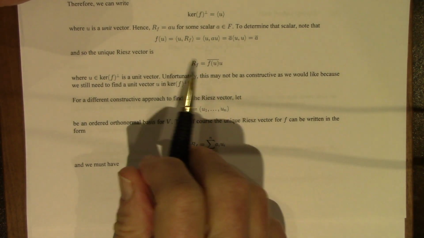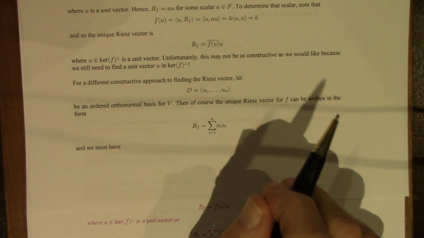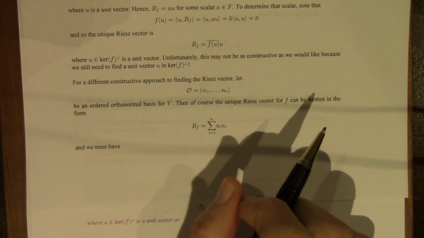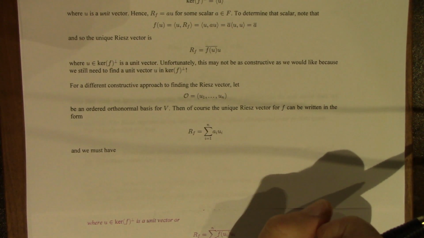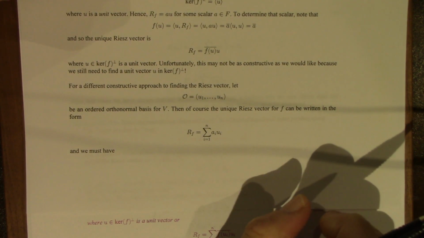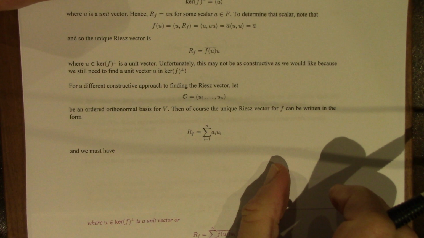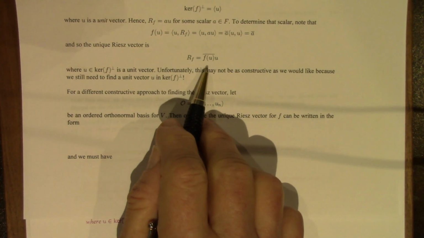But we still have to deal with finding the kernel and its orthogonal complement. Even though this is maybe not as constructive as we'd like, it does have theoretical value as well. So it's not something to be shunned. This analysis is worth doing.